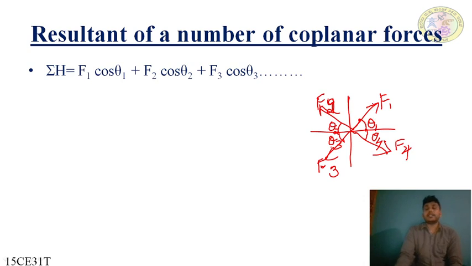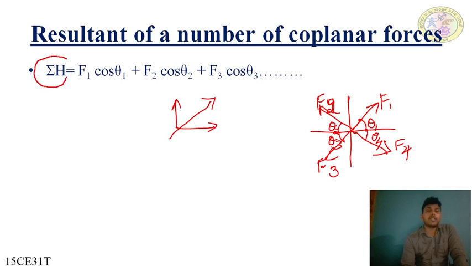These are the horizontal components. If we split each force into two, one horizontal component and one vertical component, sigma h is the sum of all the horizontal components of each force.